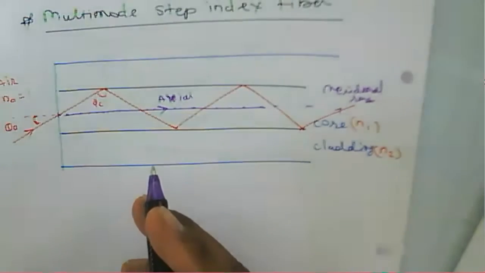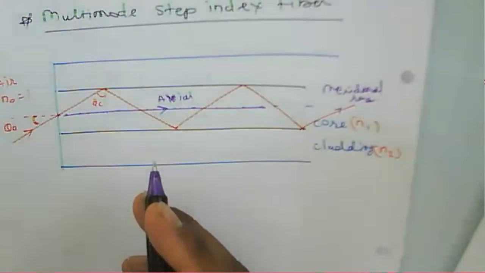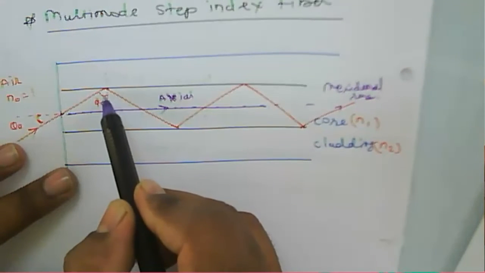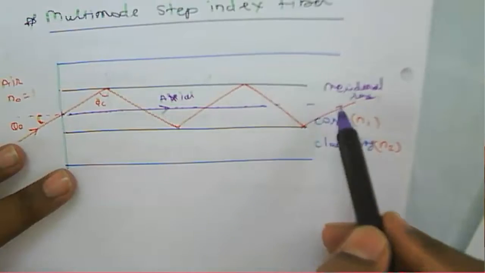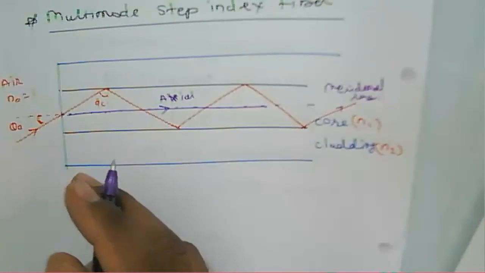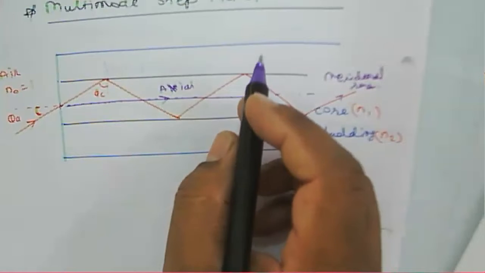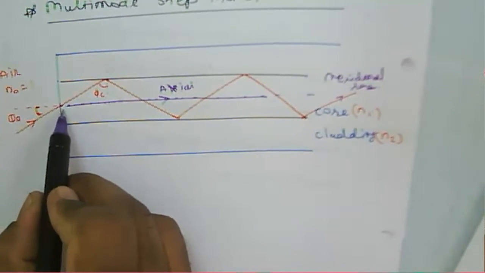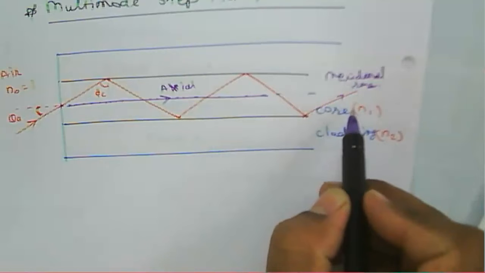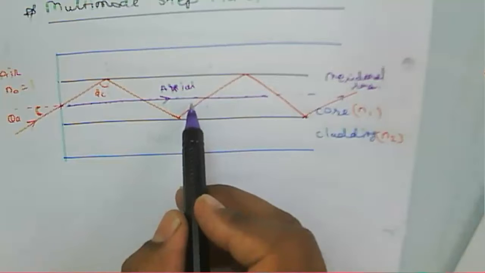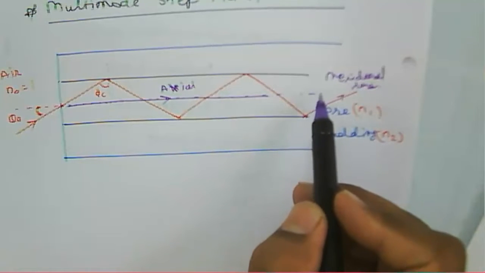Because if you consider a critical angle, those rays are propagating through the fiber. If you consider these two rays propagating through the fiber, at the end there will be a delay difference between these two rays, the meridional ray and the axial ray.